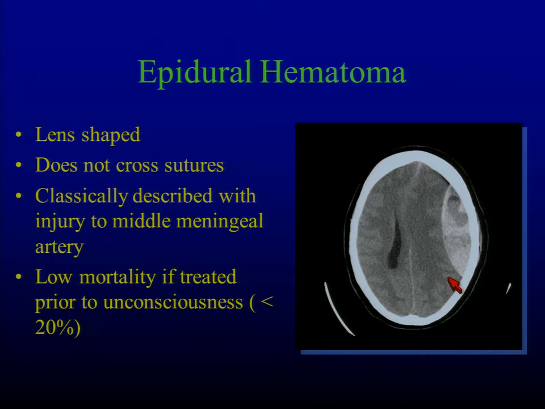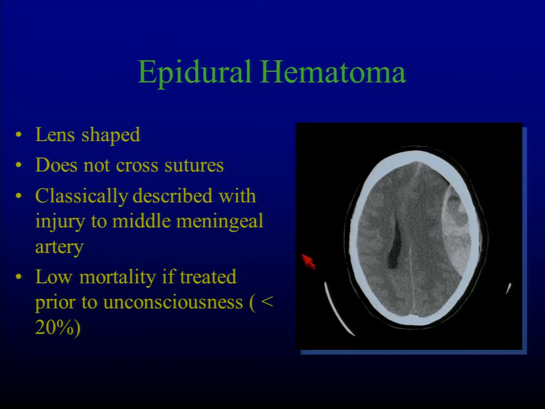I know it's an epidural because it's not crossing sutures. It's generally lens-shaped. It doesn't have to be between this suture and this suture. It can be between this suture and this suture up here. It's just a collection above the suture. But classically, we think mostly it's somebody with an injury to their middle meningeal artery. When I was wearing my neurosurgery hat, we loved epidurals because an epidural is fundamentally not a brain problem. It's a blood problem.